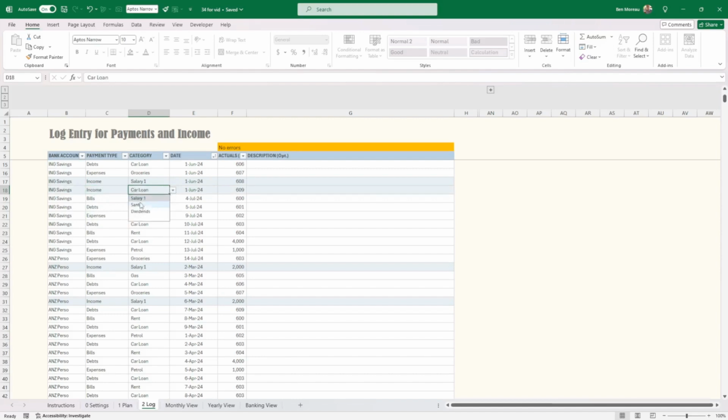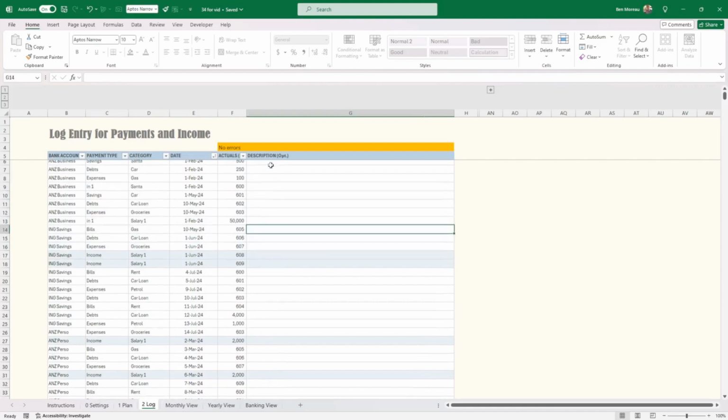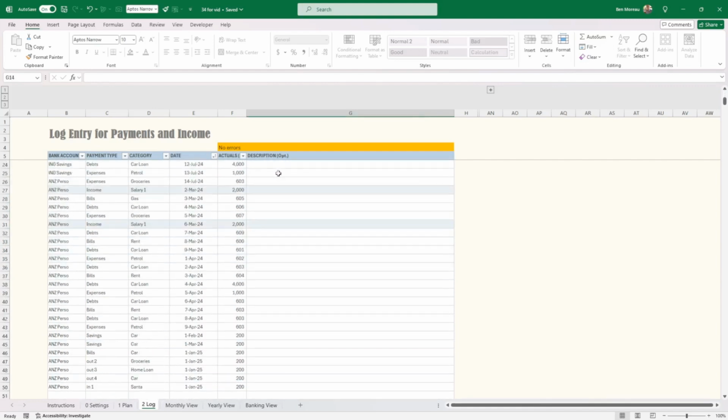So I need to find a salary one here, and I change the color. So this is what is required. So a description here is optional, but it doesn't hurt to put some description. That's the way it will work then. So you put all your log here.